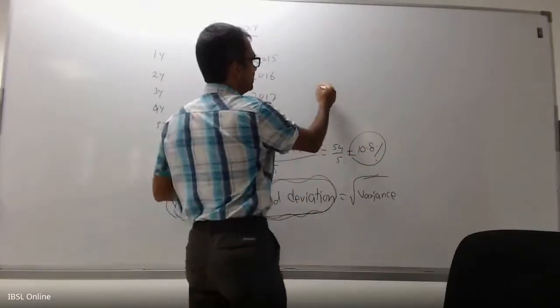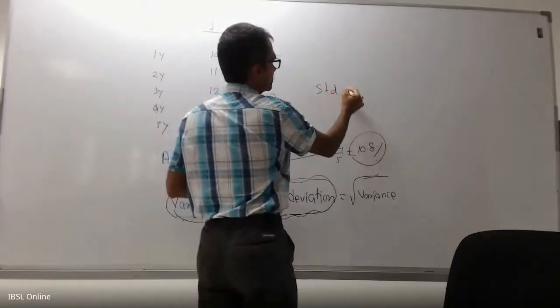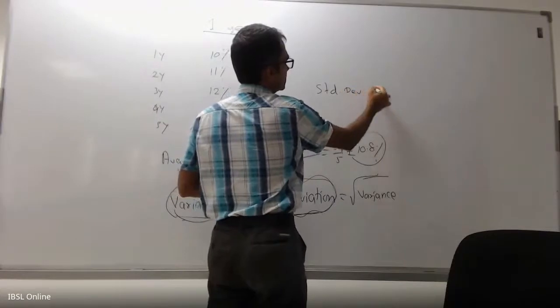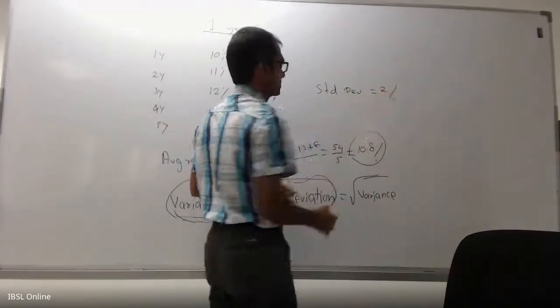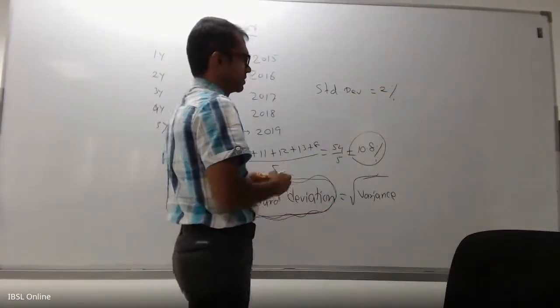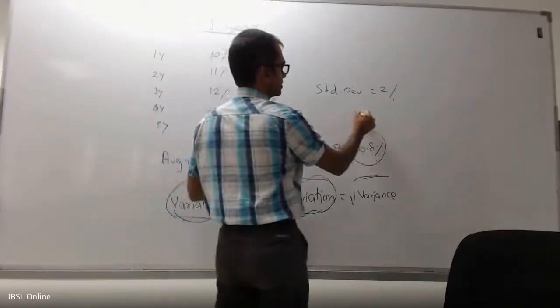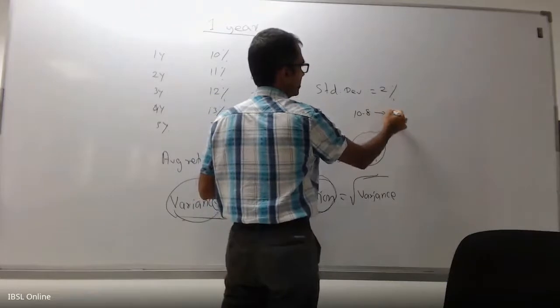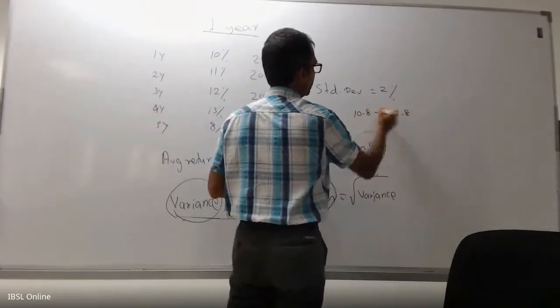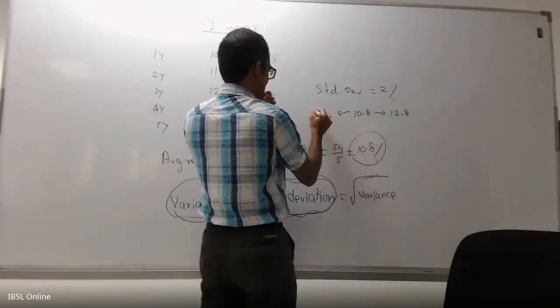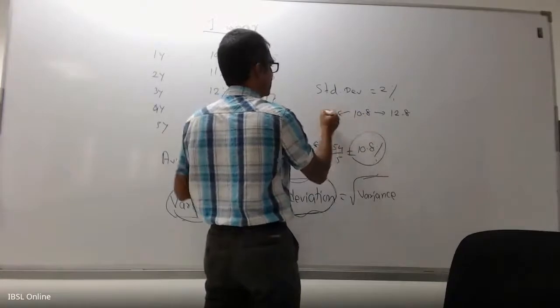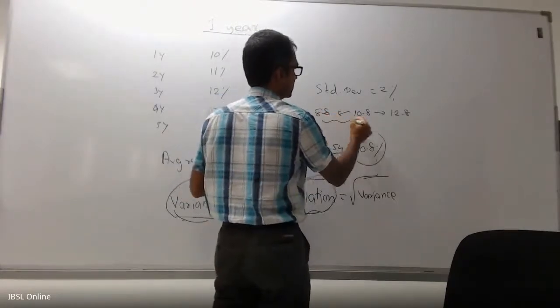If the standard deviation is 2%, that means the next year's return can deviate from 10.8 to 12.8 and 8.8.